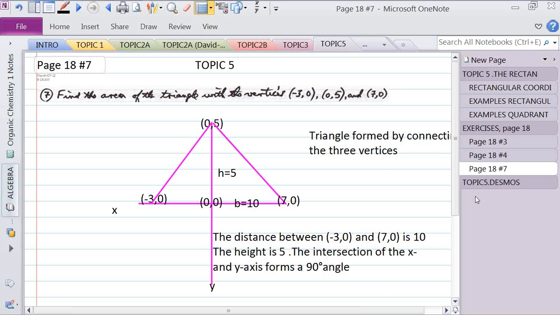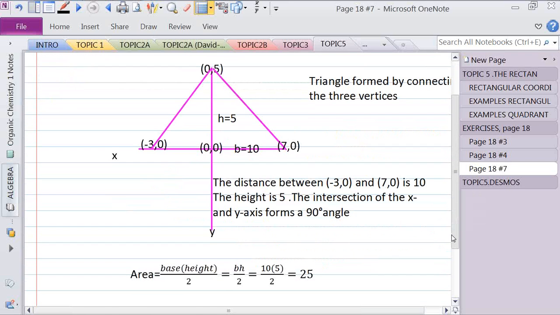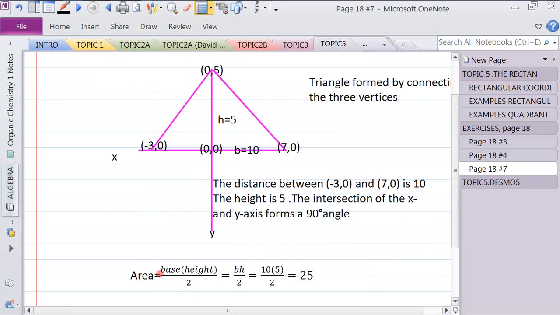Now, I want to use this basic formula, area of a triangle, which we previously discussed, which is the base times the height divided by 2, or sometimes we say half base times height. This is the base right here, so I need the distance along right here, and this is 10.